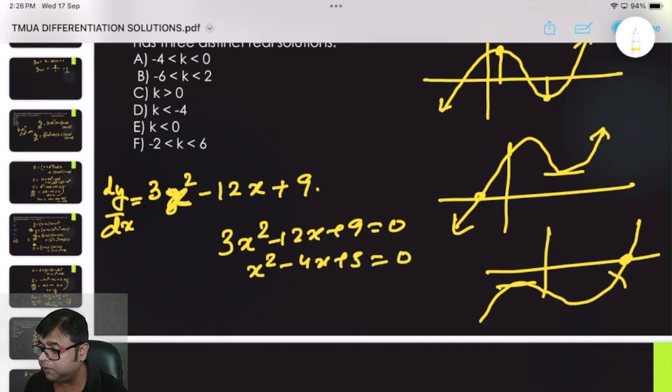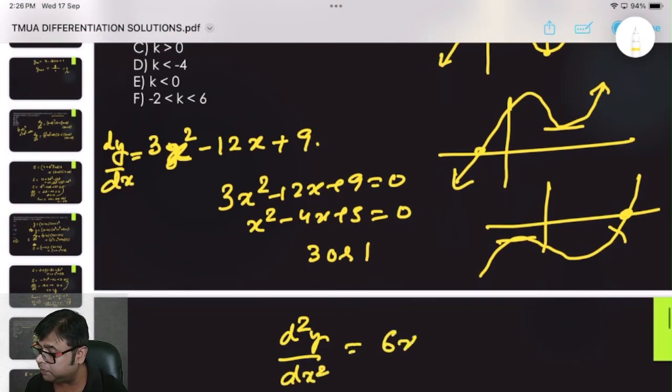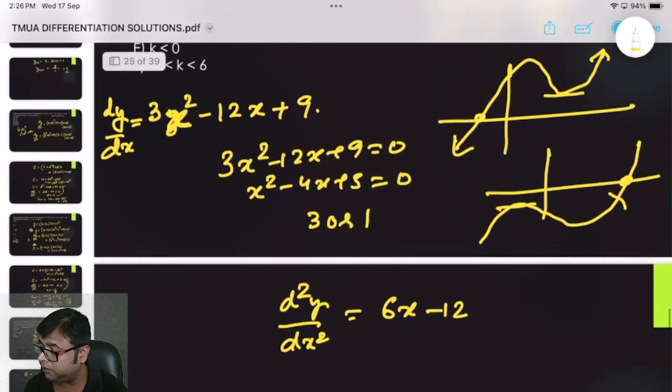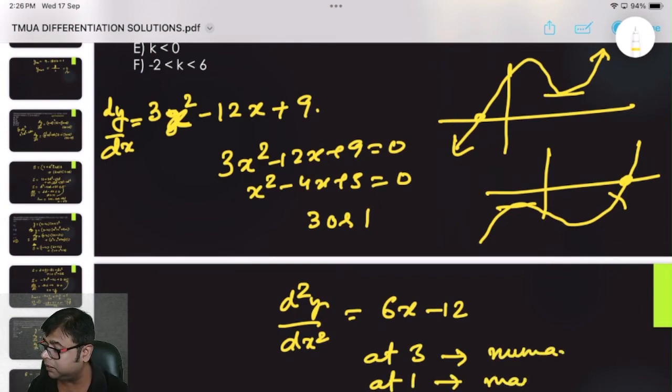So the roots of this will be 3 or 1. Now if I find the second derivative, it will give me 6x minus 12. So at 3, I get the second derivative 18 minus 12, which is 6, positive. So 3 becomes the point of minima. And at 1, it is negative. So 1 becomes the point of maximum.